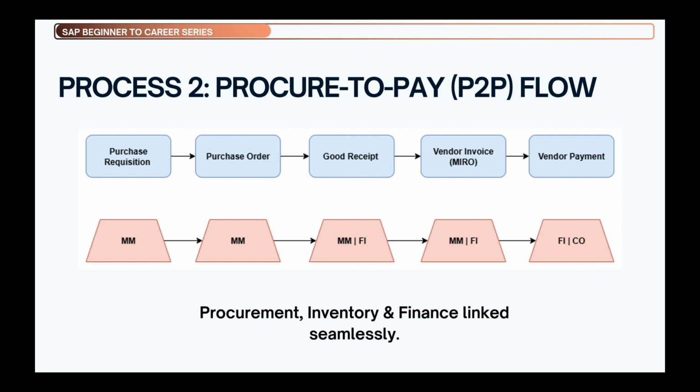Now the vendor has manufactured or delivered goods to us. When we receive goods, we generate a goods receipt. We are receiving goods by the warehouse, so the warehouse team will create the goods receipt. It involves the material management module as well as the finance module, because when GRN is processing, we are creating a liability.